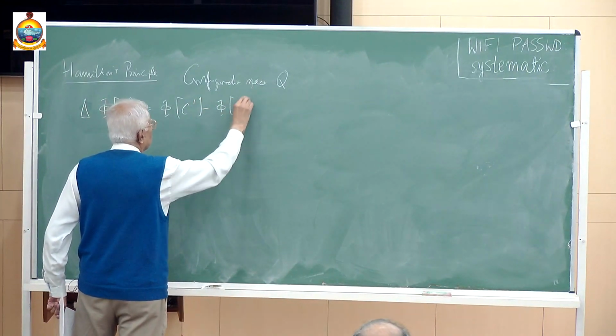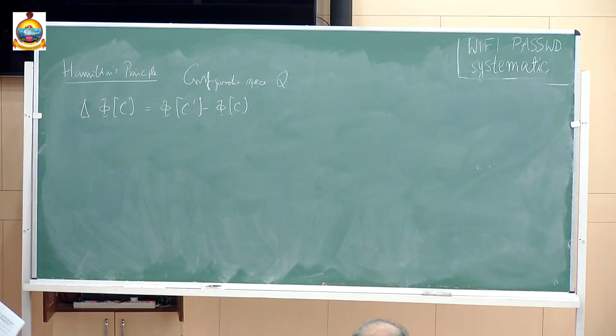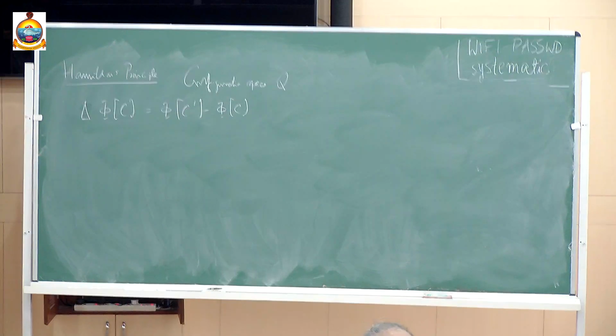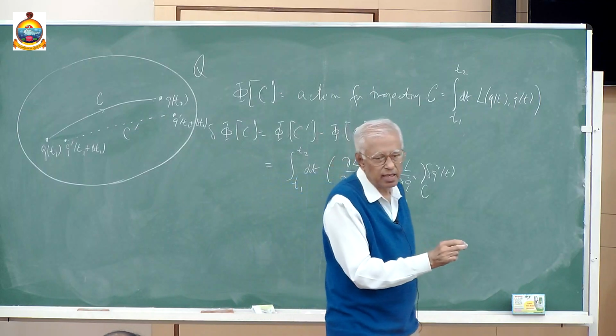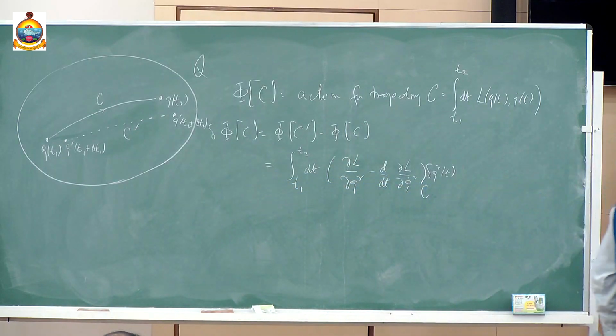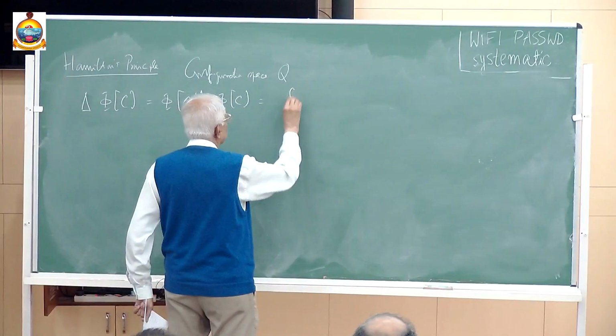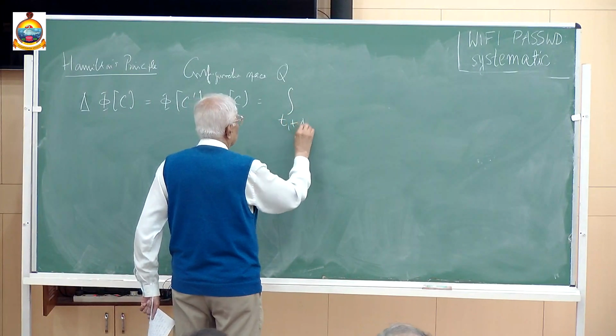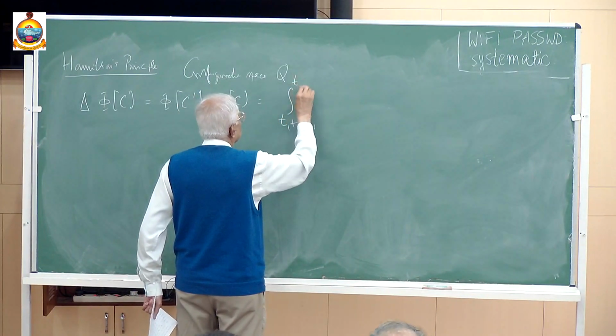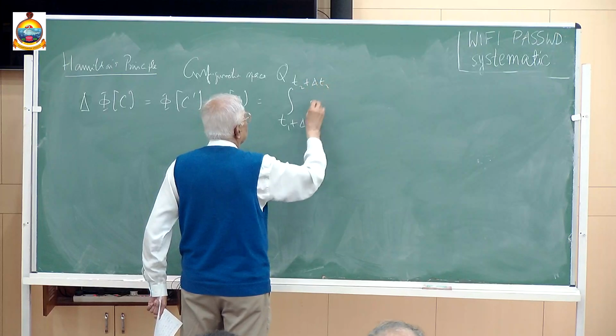This is, of course, the difference in phi. Now, I will use the letter c prime, except that c prime runs from a different initial time to a different final time, etc. So, what will this be? This will be, I first write it so that the ideas are clear.